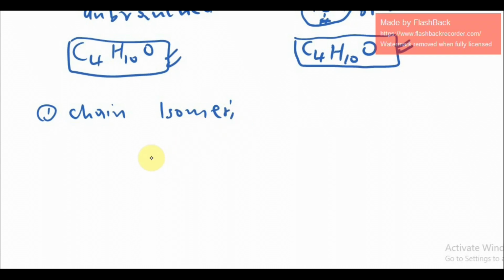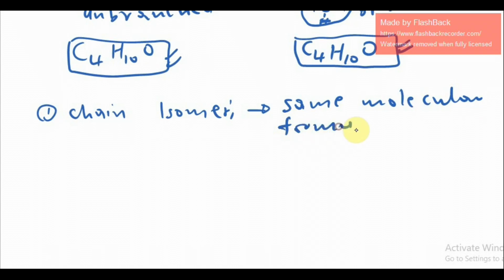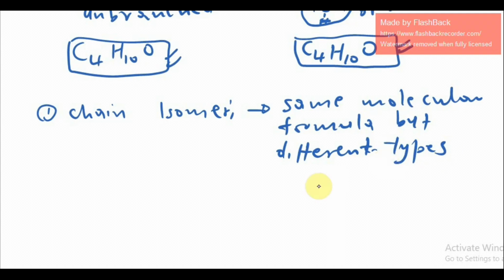Chain isomer. So these ones have the same molecular formula, as you can see, but they have different types of chain.